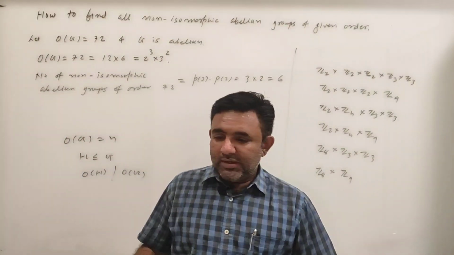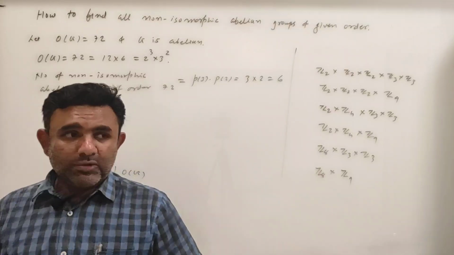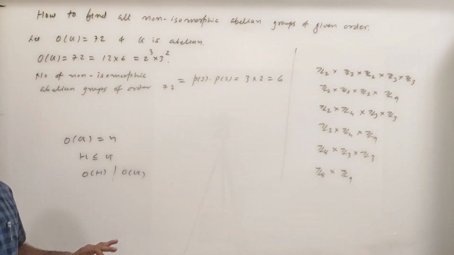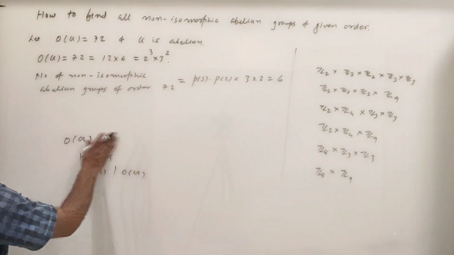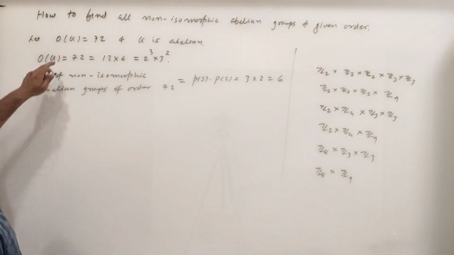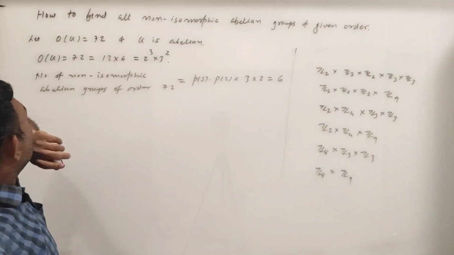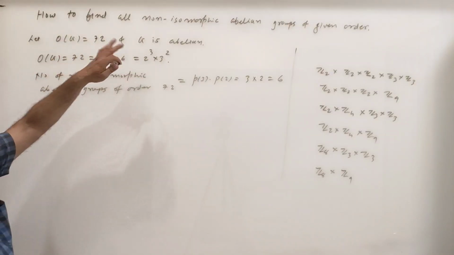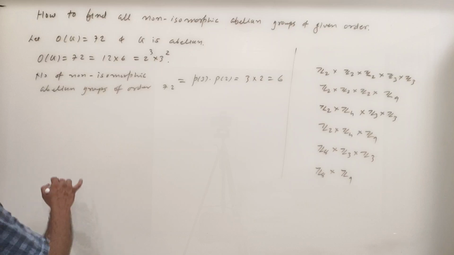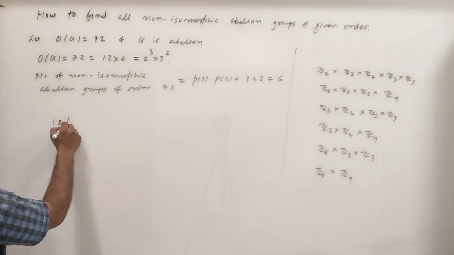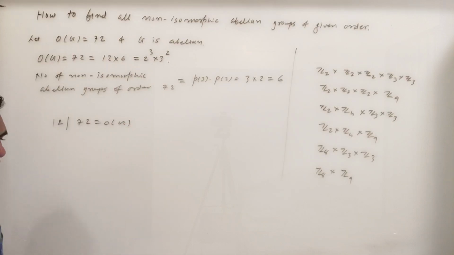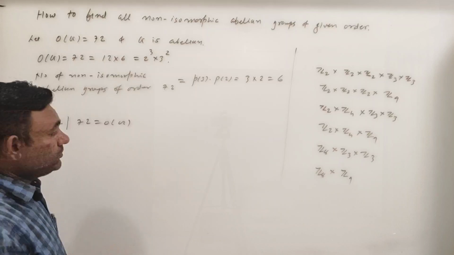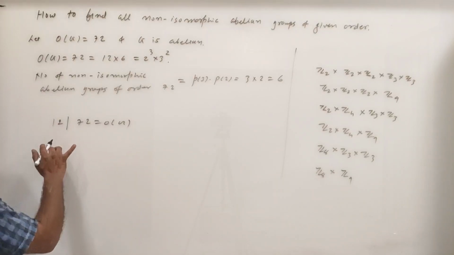वो हमने स्टेटमेंट दे दिया था विदाउट प्रूफ, बट फ्रॉम हियर वी कैन प्रूव दिस, राइट, बट विल नॉट प्रूव, वी विल जस्ट वेरीफाई. Suppose let G be a group of order 72 and it is say abelian. Now 12 divides 72 and that is order of G. Now suppose I want to find a subgroup of G of order 12.